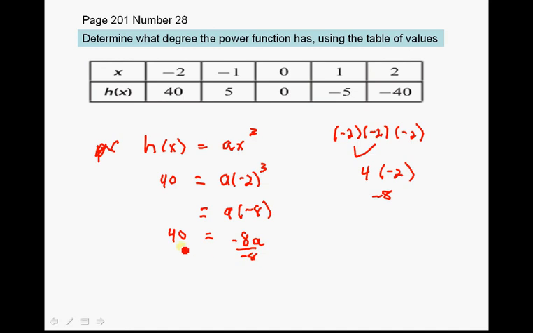Divide both sides by negative 8. We get negative 5 equals a. Voila, look at that. So we know h of x is equal to negative 5x cubed, because a is equal to negative 5, so we can pop that in there. Okay. I hope you found this to be helpful.